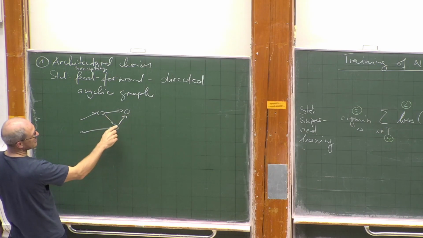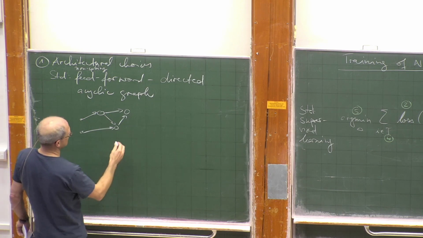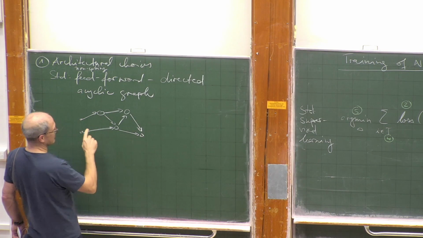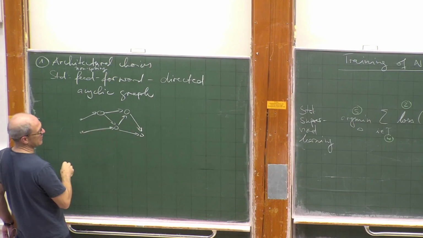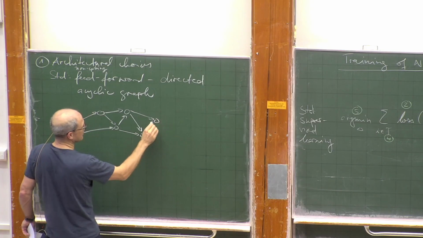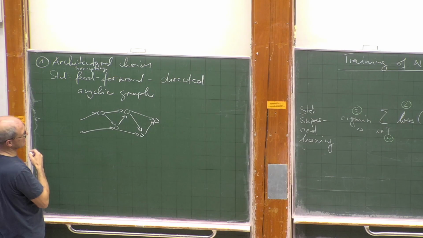This is a cycle, but if I take the direction of these arrows into account, then if you always follow the direction of the arrows, there is no way you can return to a node once you have left it. And that would be a directed acyclic graph.